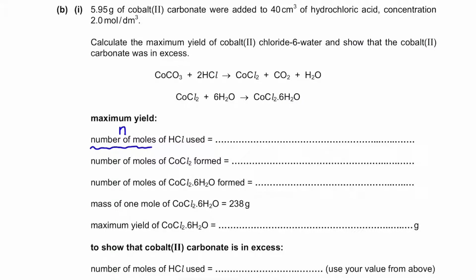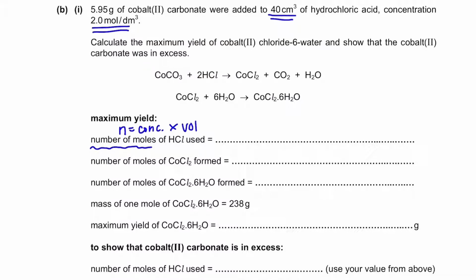From the question, what information did they give us about HCl? They have given us its volume, 40 cm cube, and its concentration, which is 2.0 mol per dm cube. Well, what is the formula for finding moles using concentration of a substance? It's concentration multiplied by volume of the liquid.